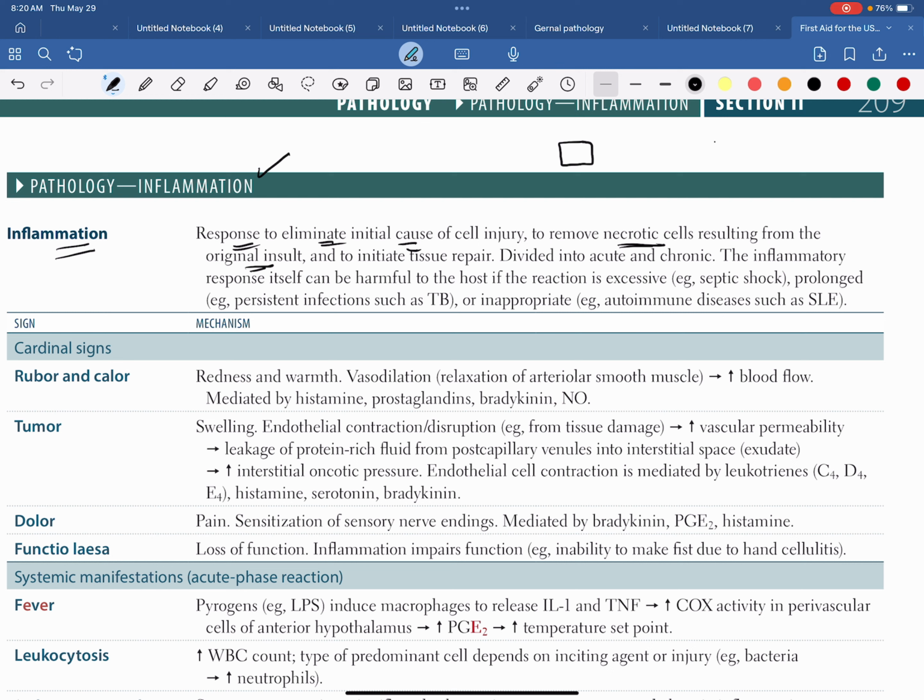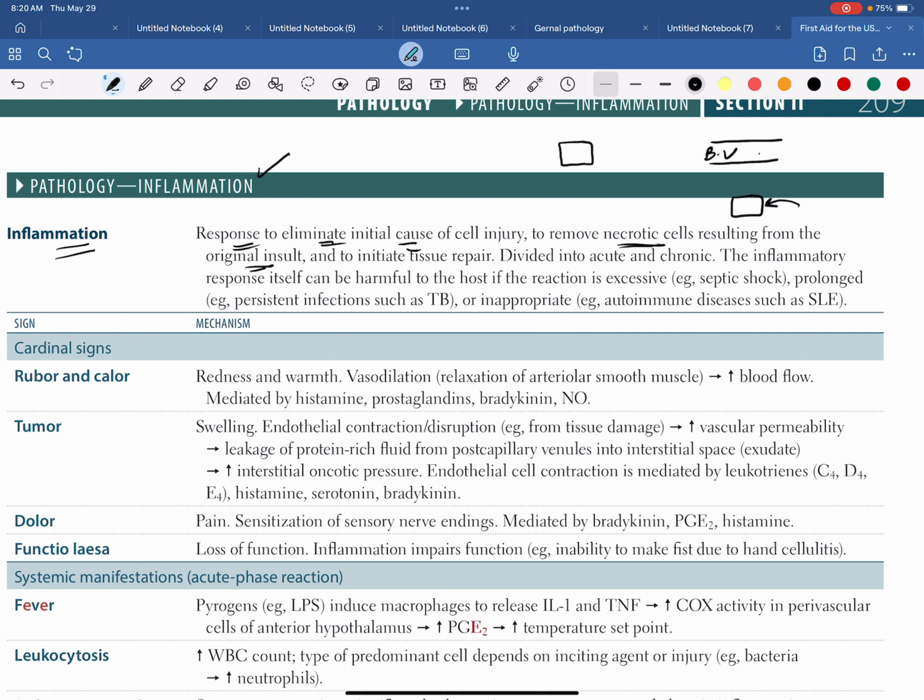So let's take an example. This is the blood vessel and here is the cell, and let's suppose this cell is going to be injured. After the injury, your body allows the inflammatory cells like neutrophils and macrophages that are present in the blood vessel, plus your complement proteins, these are the plasma proteins, and the fluid which is also present in the blood vessel.